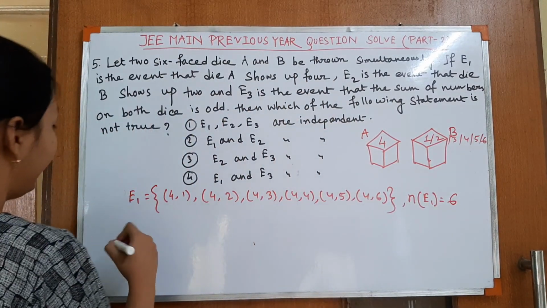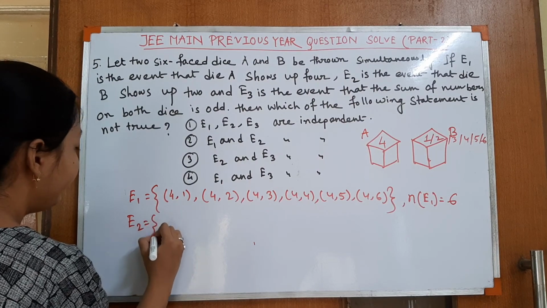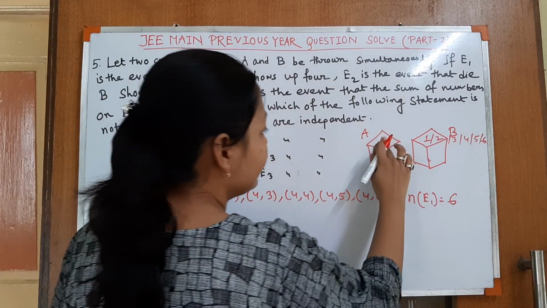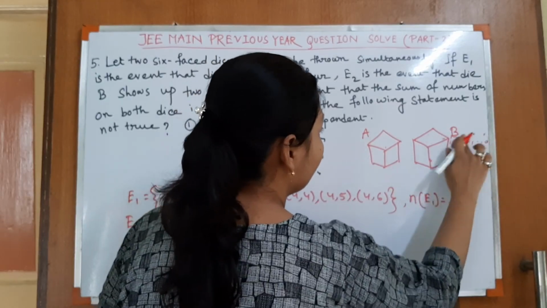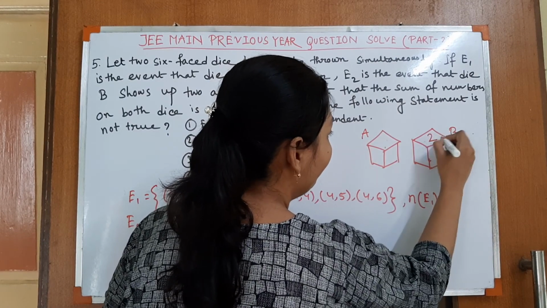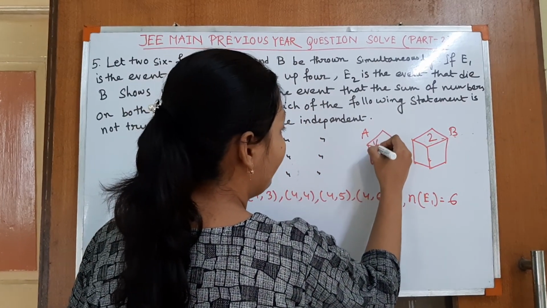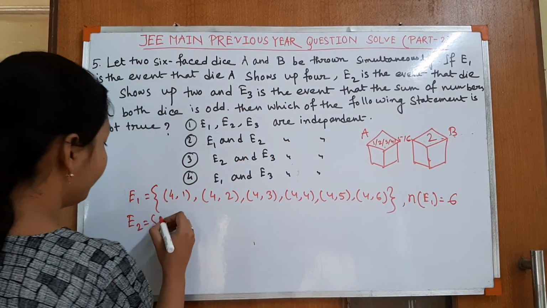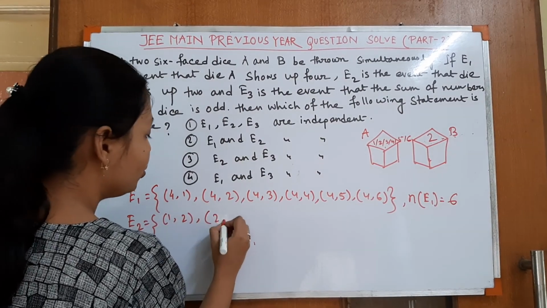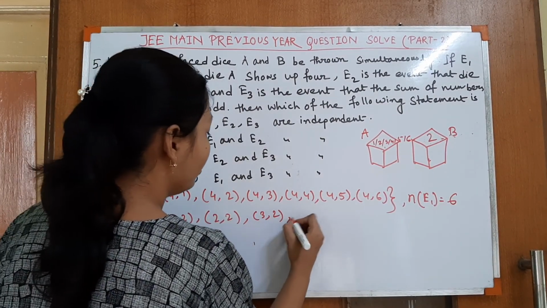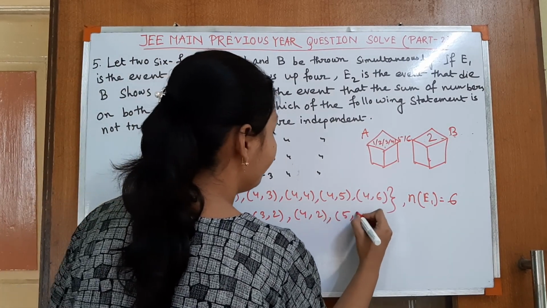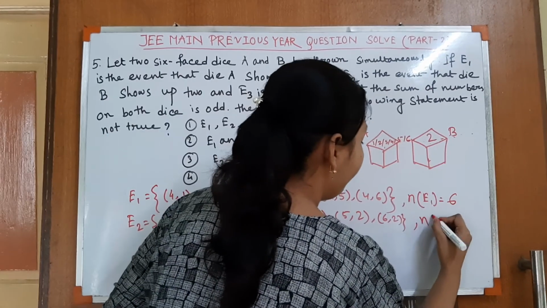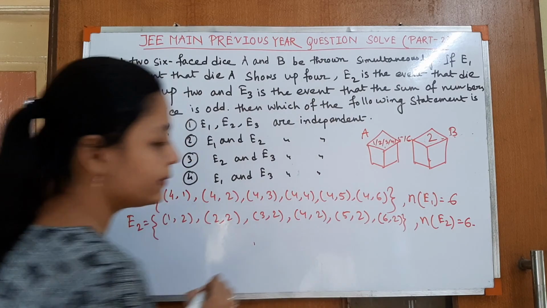Okay. Next, the event E2 says that die B shows up 2. That is, die B always shows up 2 and A shows either 1, 2, 3, 4, 5 or 6. Here we can get the combinations 1, 2, 2, 2, 3, 2, 4, 2, 5, 2 and 6, 2. And also the number of elements in the set E2 is 6.